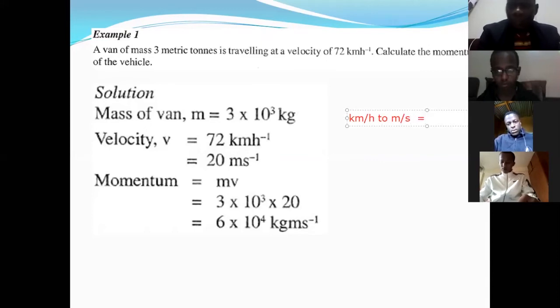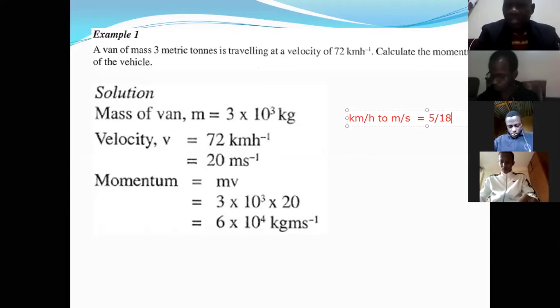You take what you're given, then you multiply by 5/18. So you are converting kilometers per hour to meters per second. Take what you're given, like now 72 kilometers per hour, just multiply by 5/18.